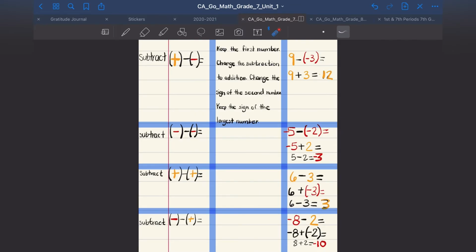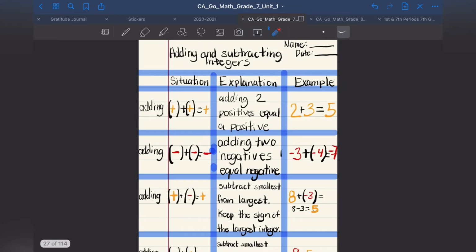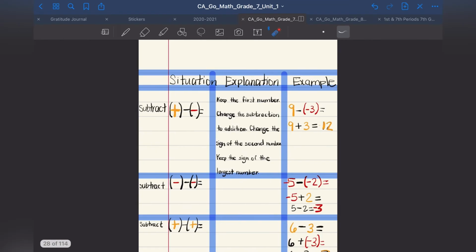The goal whenever you are subtracting is to change the subtraction to an addition so that you can add them like regular numbers, because if you notice the addition, adding integers is a lot easier than subtracting integers, so your goal is to change that into addition. But when you do that, you also have to change the second number. Then you just add the numbers regularly and keep the sign of the largest integer.